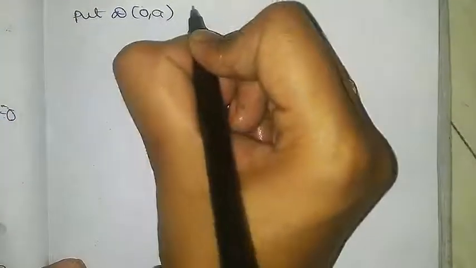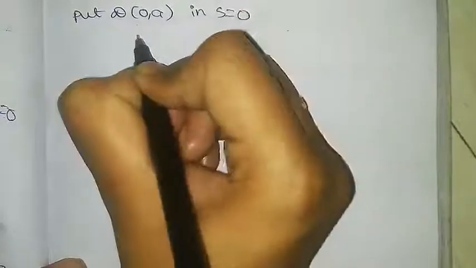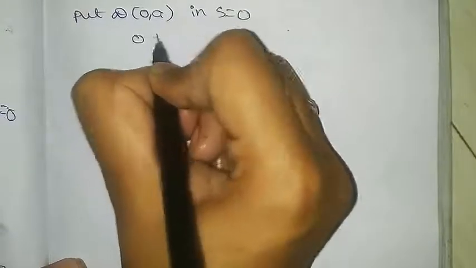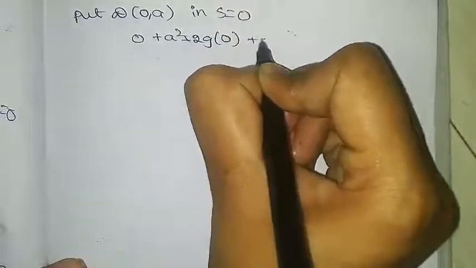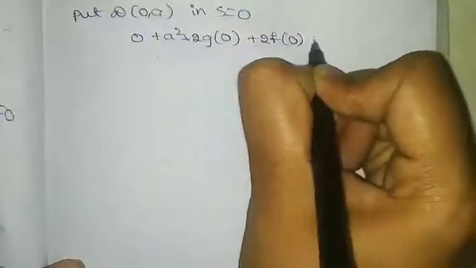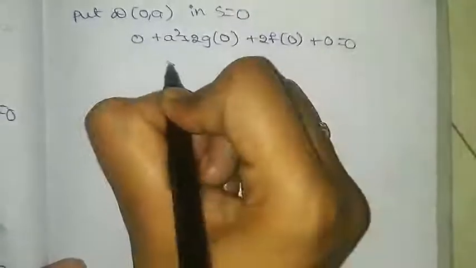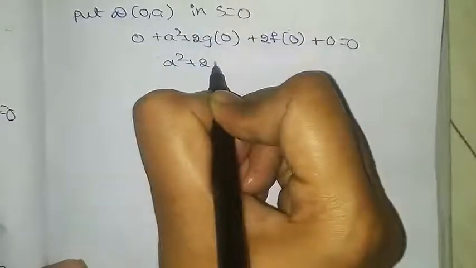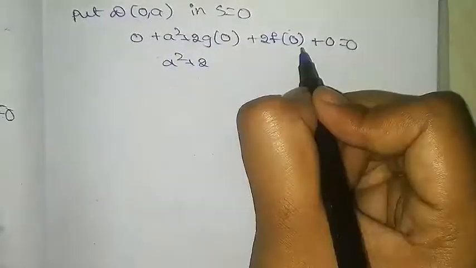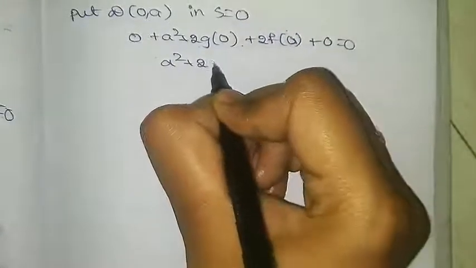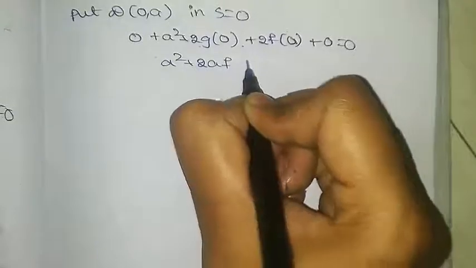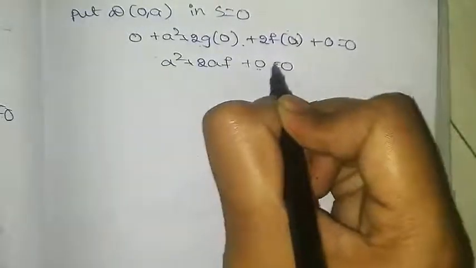In the third point, put D (0, a) in S equal to 0. That implies 0 comma a square plus 2g into 0 plus 2 into f into a plus 0 equal to 0. So a square plus 2af plus 0 equal to 0, because c is also 0.